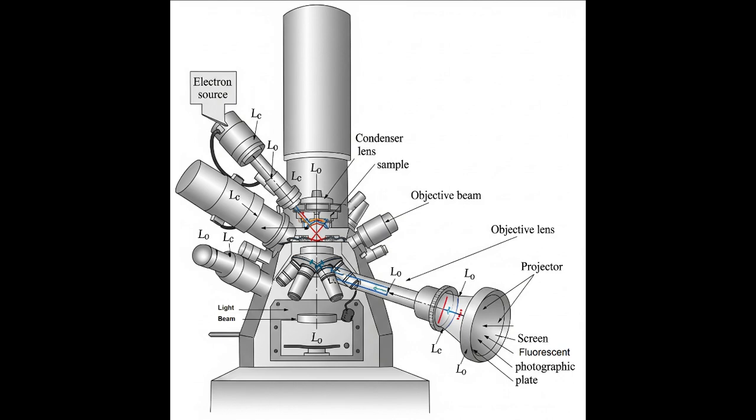Crucially, the sample in an electron microscope is typically inserted mid-column, often in a special chamber, and the electron beam passes through or scans over it. And finally, at the bottom, instead of an eyepiece, we have detectors or a viewing screen that convert the electron signal into an image we can see on a monitor.